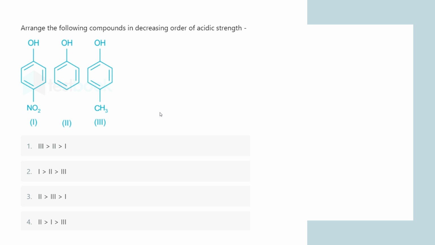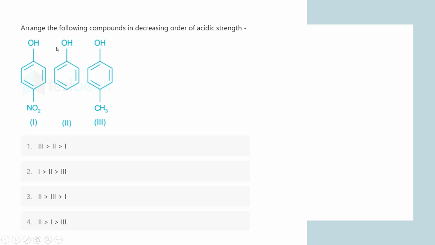You must know that phenol is highly acidic because after it donates its proton, the phenolic proton, it forms phenoxide ion.